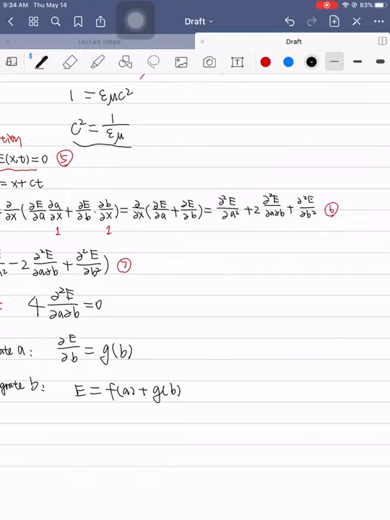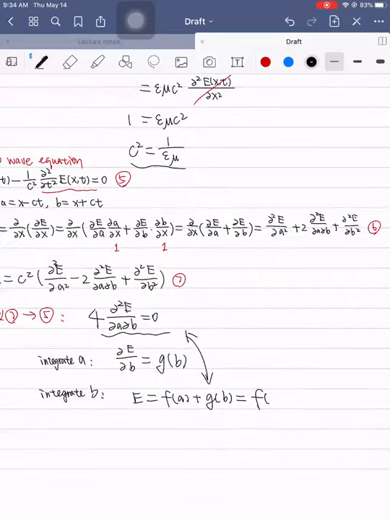So you can check. If you take the second derivative of E, then you can guarantee this is going to be 0. So this equation tells us the general solution of these 1D wave equations will be like this.